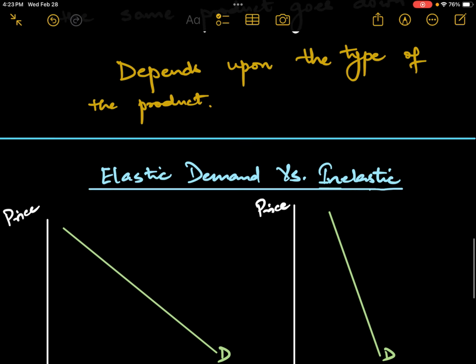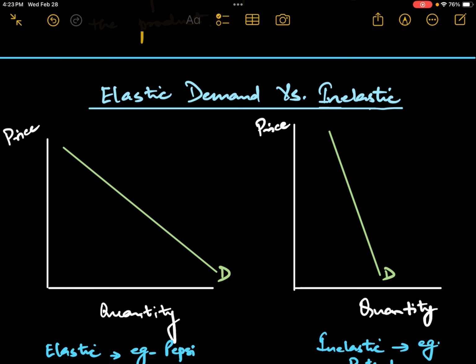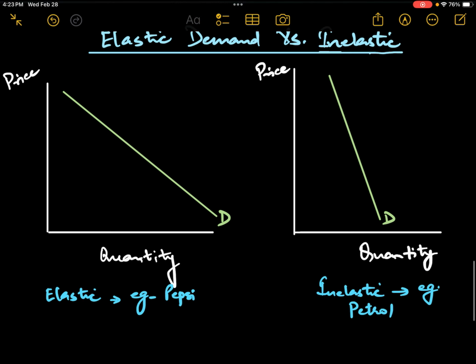So when we are talking about elastic demand and inelastic demand, I have taken these two graphs. Now, what do you notice about these two graphs? If I want to show elastic demand, first of all, what is elastic demand? Elastic demand is where the percentage change in quantity demanded is much higher than the percentage change in the price of that commodity.